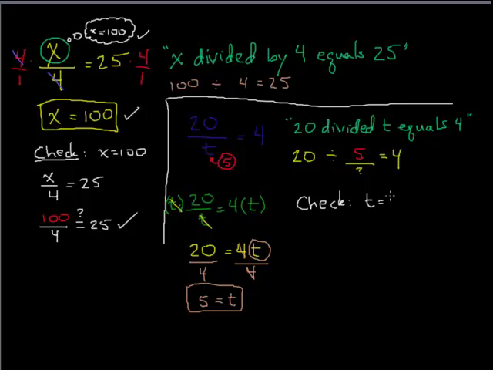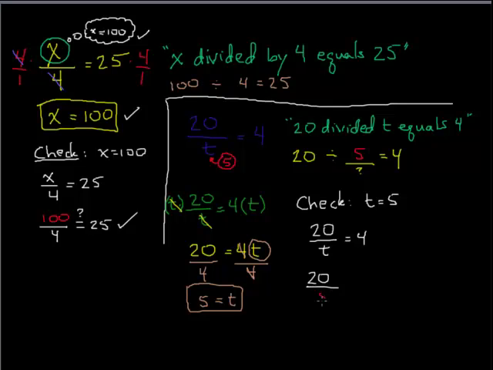So we want to check that t equals 5 works. That just means we want to substitute 5 where t is, right here. You've probably already done this in your head. It takes me a little time to catch up to you.